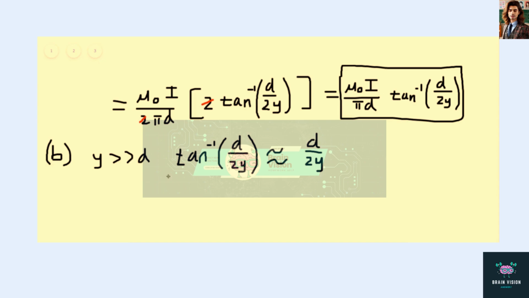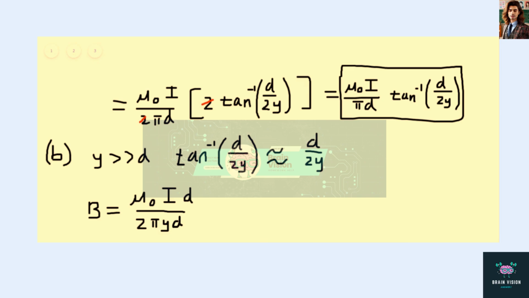So now we can plug that into our expression, and what do we have? Well, if we plug that in for our value for B above, we have this is equal to mu naught times I. Now it's multiplied by d, right? And this is going to get divided by 2 times pi times y times d.